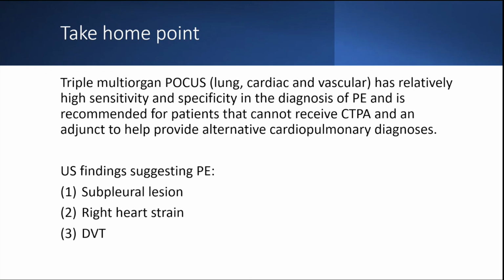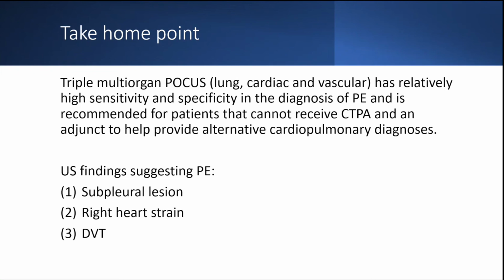The take-home point of my presentation is that a triple multi-organ ultrasound, including lung, cardiac, and vascular, has relatively high sensitivity and specificity in the diagnosis of PE, and it's recommended for patients who cannot receive a CTPA.